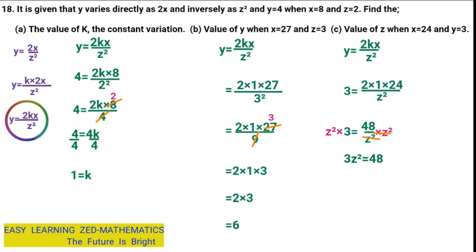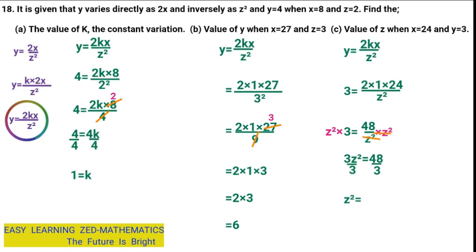Now remember, the intention is to make z squared the subject of the formula, so I'm going to divide both sides by 3. As you can see, 3z squared divided by 3 will give me z squared, which will be equal to 48 divided by 3, which gives me 16.